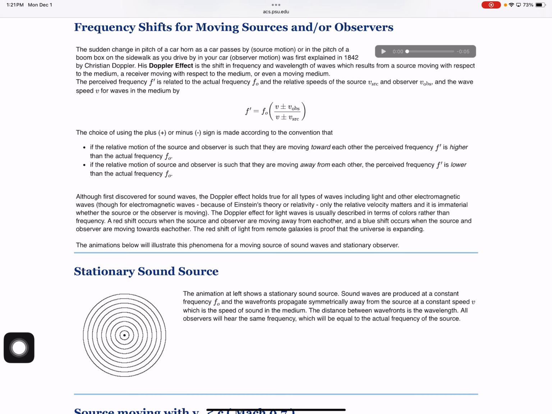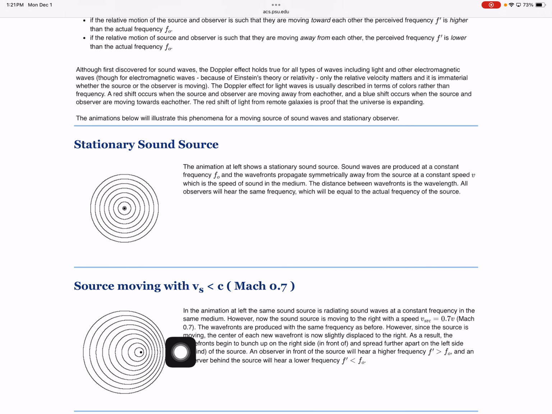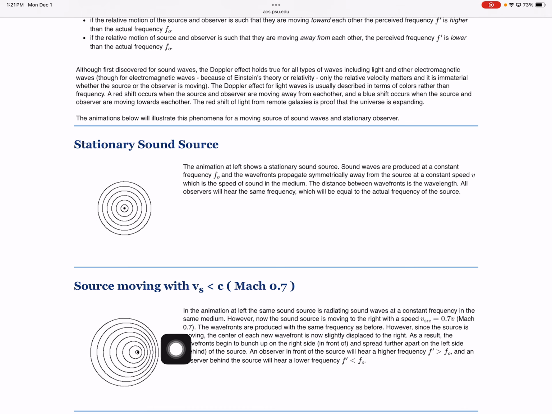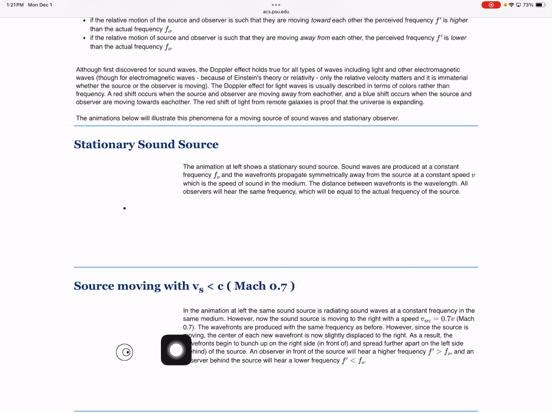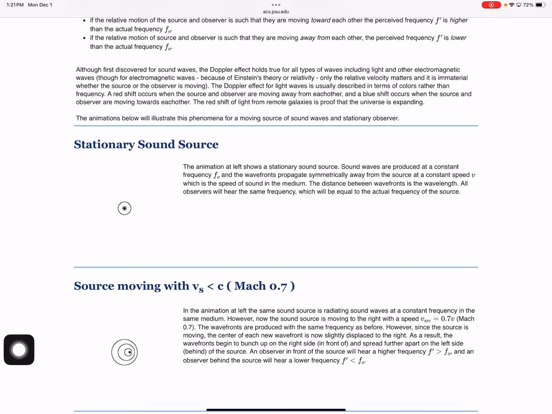Now let's make the source move toward you. If the source is moving toward you, it's still producing 100 hertz, but you can see from that illustration that more than 100 crests will pass you a second. So if a source is approaching you, you'll hear a higher frequency.